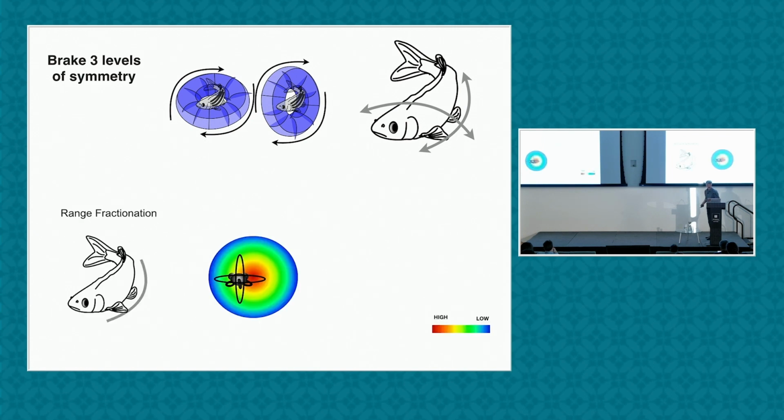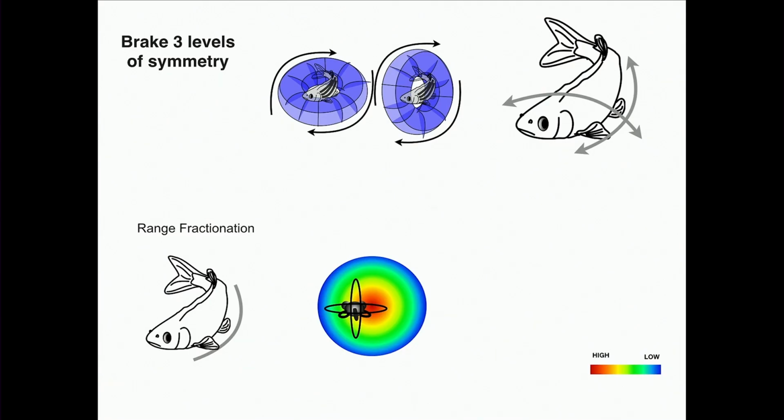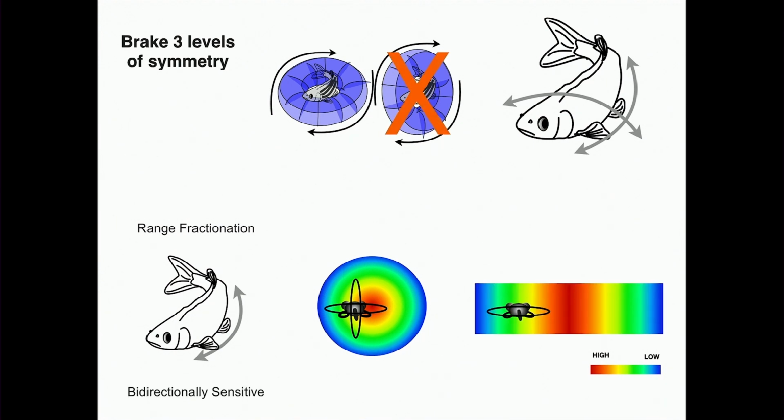One is called range fractionation. The fish will have to get rid of information that is not useful. So it fractions the range of information and it extracts only what it needs. In other words, what the fish is going to be doing in this case is getting rid of one plane of mechanical information and saving, in a way, one of the 2.